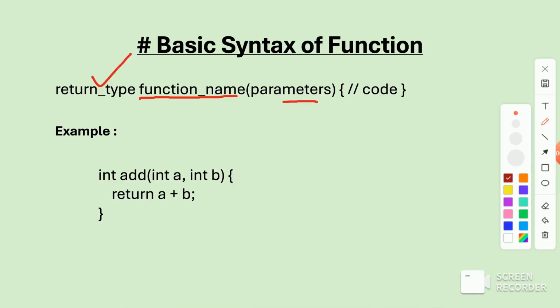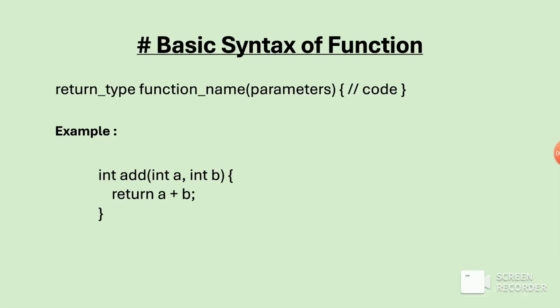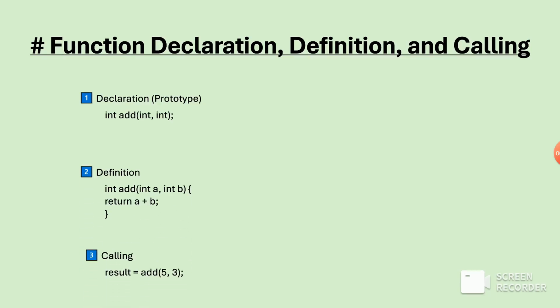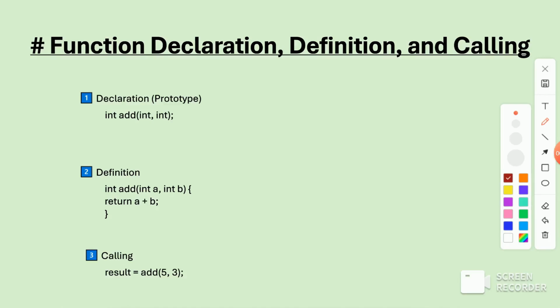In the next slide, we check the function declaration, definition, and calling. The declaration of a function has the return type, function name, and the parameters, as we saw in the syntax. For the definition, for example, int add with two parameters, integer a and b, the function returns the value a plus b, which is an integer value, so the return type should be integer.